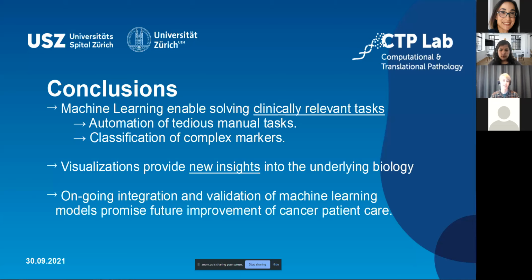On top of that, I showed you that those tools can also help a better understanding of the underlying biology of those diseases via visualization, and that the ongoing integration and validation of such models into clinical practice in existing software is encouraging for the future of cancer patient care.